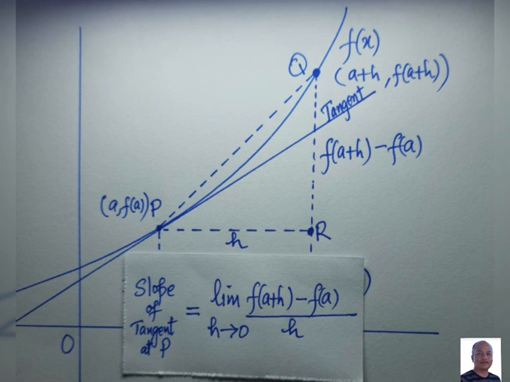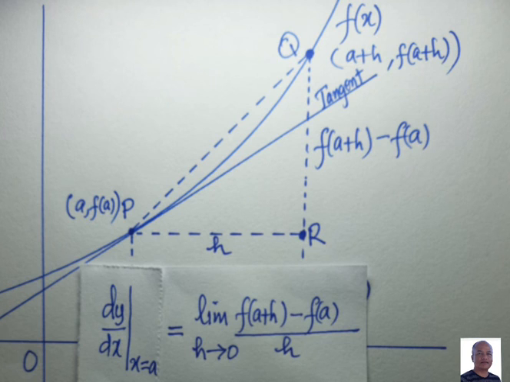So point Q will slide down along the graph, and it will almost touch the point P. And at that time, you will not have the secant PQ any longer, but you will have the tangent. The tangent is a line which touches the graph only at one point. So you will get the slope of the tangent.